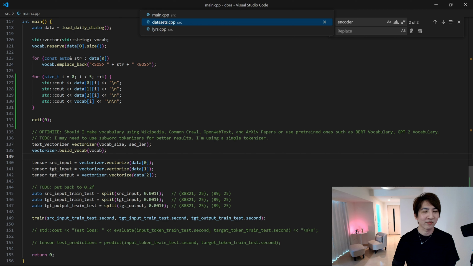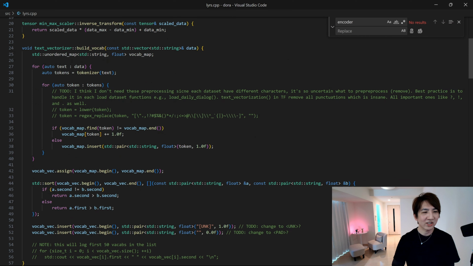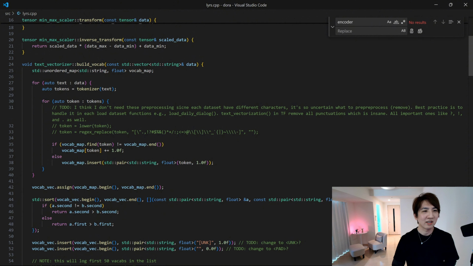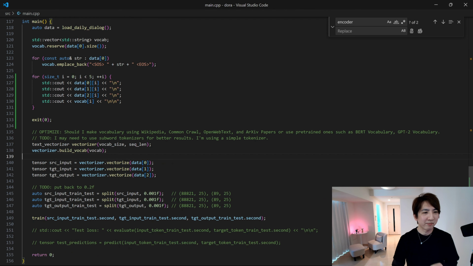So I changed the function. First of all, this function was purely a function, but now I changed it to a class, so that when instantiating this class, I just pass vocabulary size and sequence length.